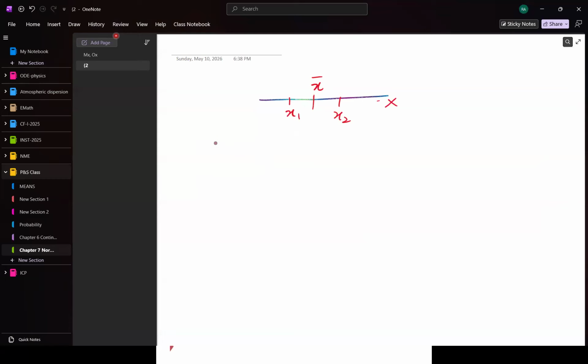So we would like to consider the probability that x1 is less than or equal to x, less than or equal to x2. This needs to be calculated as an integral from x1 to x2 of the continuous distribution dx.